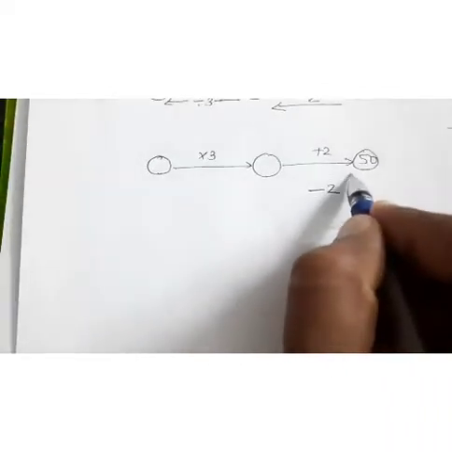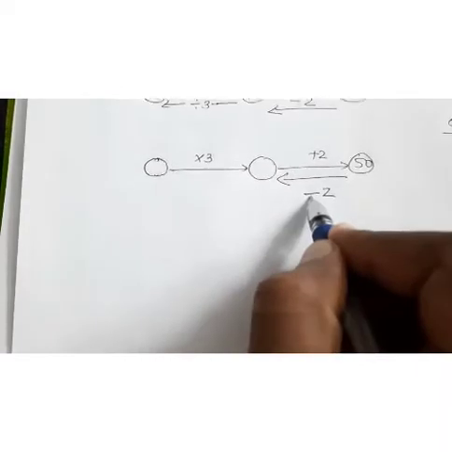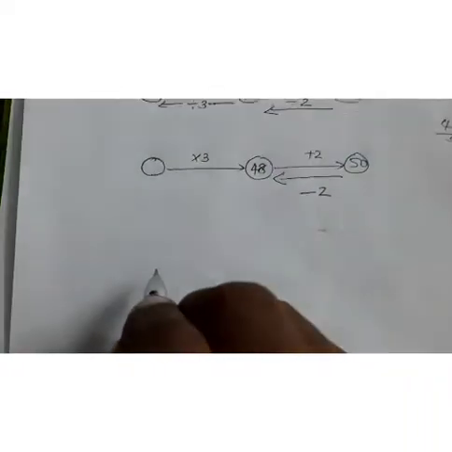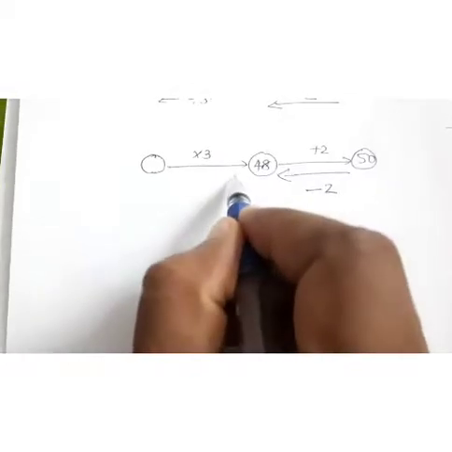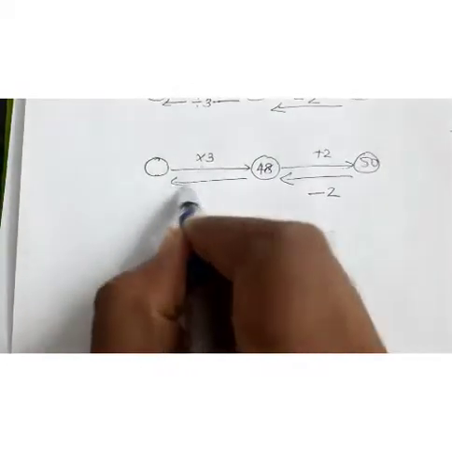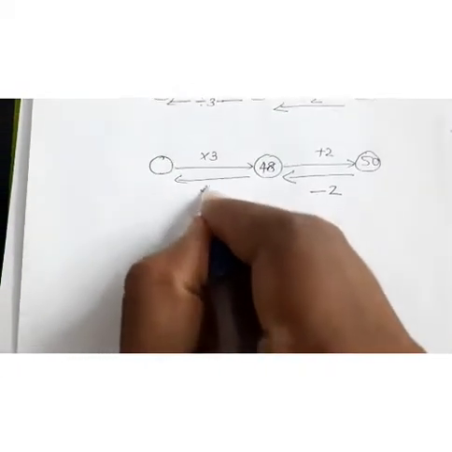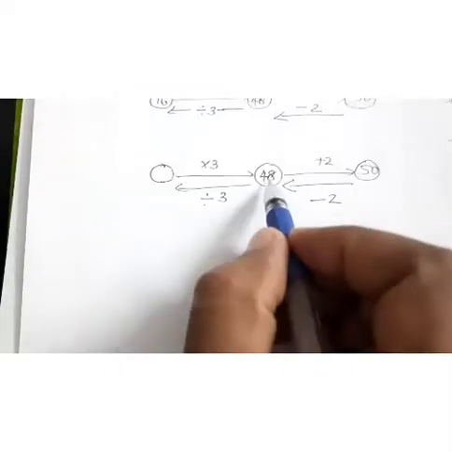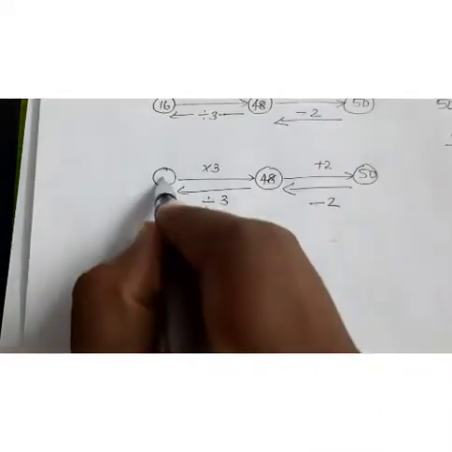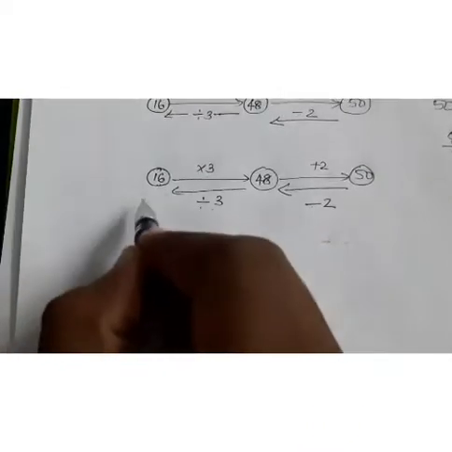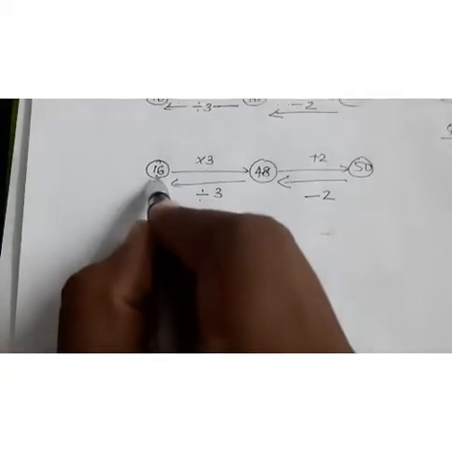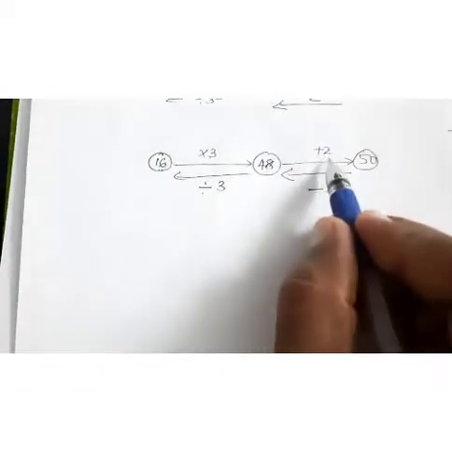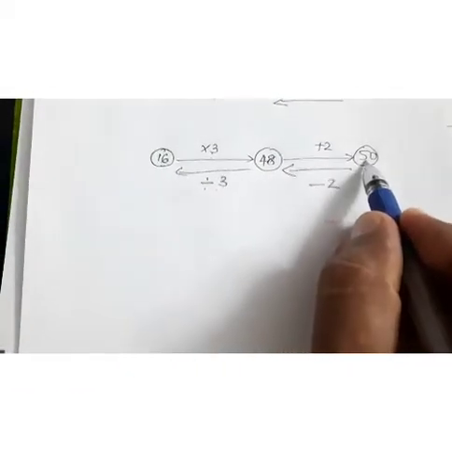So 50 minus 2 is 48. Then again the reverse, multiplication becomes division, so 48 is divided by 3 and we get 16. So the original number is 16. So 16 multiplied by 3 and added 2 gives 50.